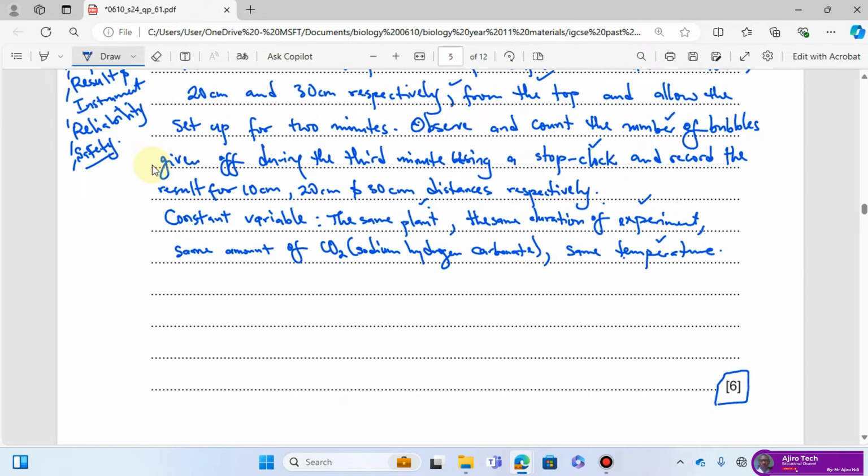So when you go on to reliability, what you do in terms of reliability, all you just say is what? Repeat the experiment, twice, or you can say 3 times, and exclude anomalous results or readings.